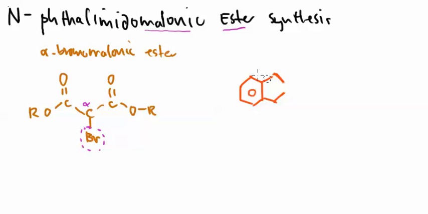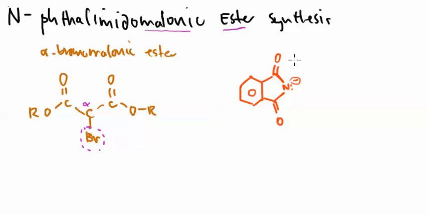So that means at one of these locations I don't really have a carbon, I have a nitrogen instead. I see a double bond O here and a double bond O there. This nitrogen carries with it some lone pairs of electrons, and its formal charge is negative. And this is the structure for phthalimide.